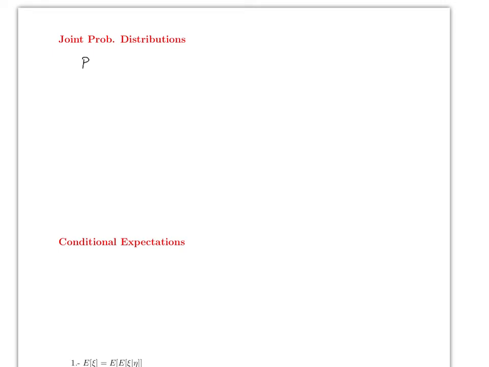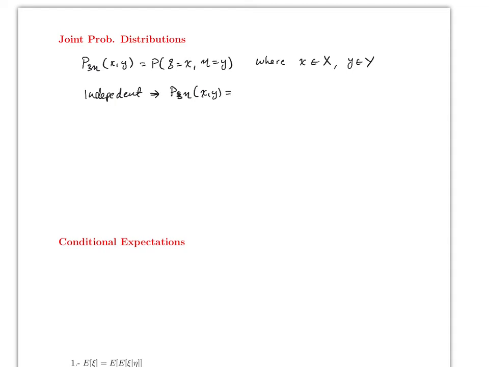So remember, if you have the joint probability distribution of K and nu in the discrete case, this is defined to be the probability that K is equal to x and nu is equal to y, where x belongs to capital X and y belongs to capital Y. Now, if they are independent, then the joint probability of K and nu is just equal to the product of the probabilities. So that's the best thing that can happen.